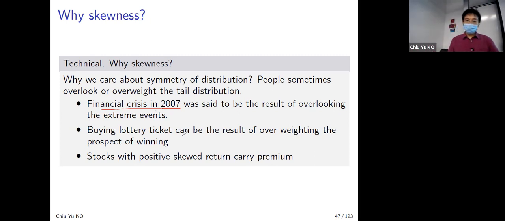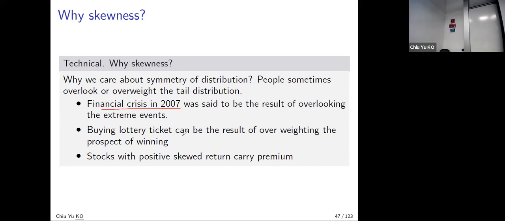Often we look at mean and variance when I talk about people's behavior. And do know that a lot of us don't actually look at unlikely events as unlikely. What I mean by that is people have a bias. When you look at a small probability event, they think it is more likely than it should be.